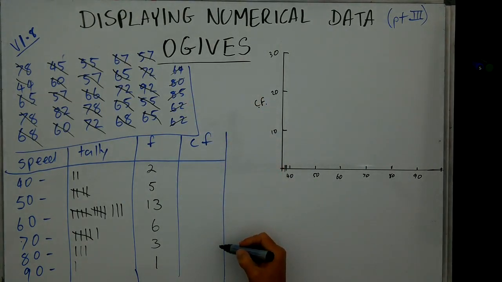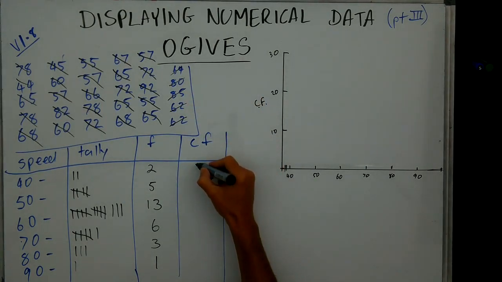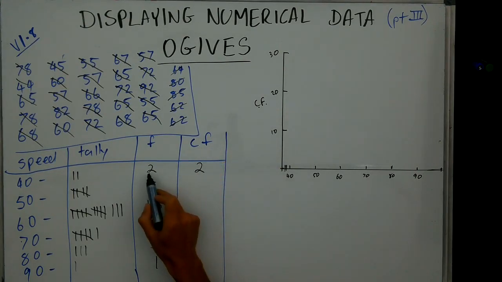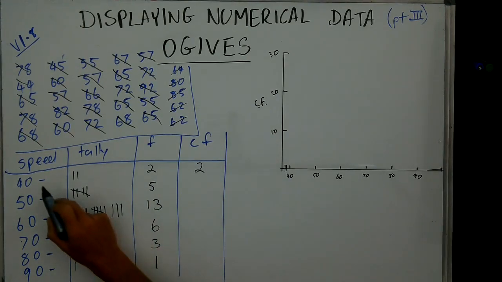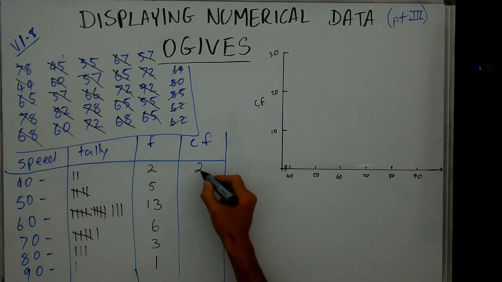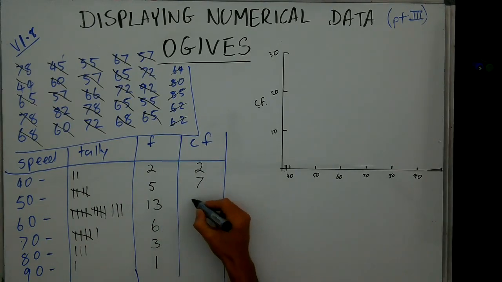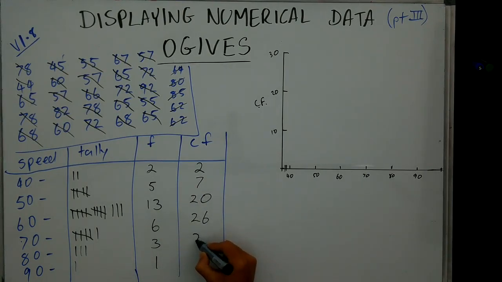Now we're going to do the cumulative frequency. So we're going to start with 2. There's only 2 things in the smallest group, or the slowest group. 2 plus 5 is 7, plus 13 is 20, plus 6 is 26, plus 3 is 29, plus 1 is 30, and that is the number of bits of data we started with.